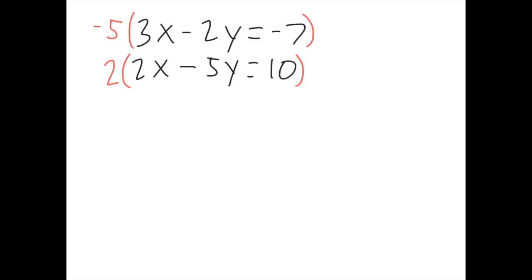Now use the distributive property and multiply everything by negative 5 in the top one and 2 in the bottom one. So negative 5 times 3x is going to give you negative 15x. Negative 5 times negative 2y will give you a positive 10y.